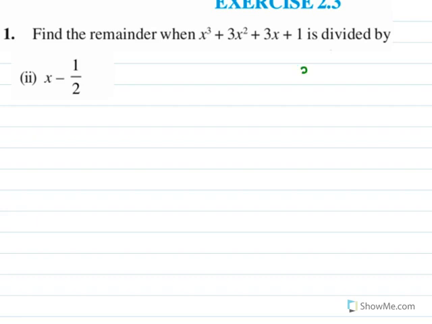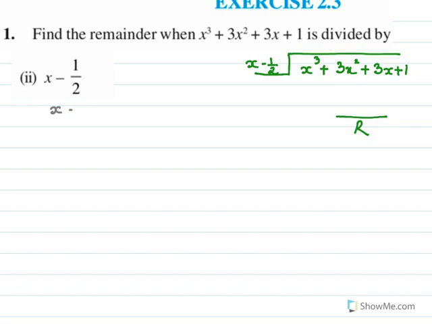Find the remainder when x cubed plus 3x squared plus 3x plus 1 is divided here by x minus 1 by 2. So we need to find the remainder. So we take the divisor, that is x minus 1 by 2, equated to 0, and we get x equal to 1 by 2.